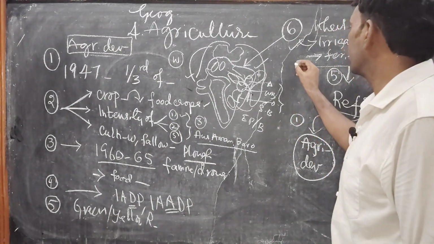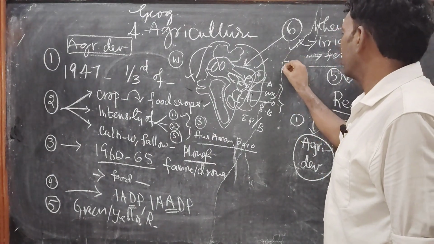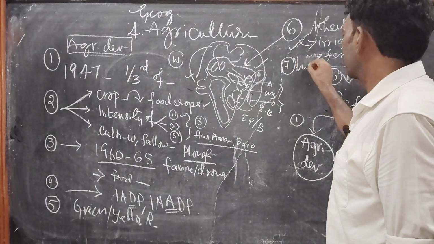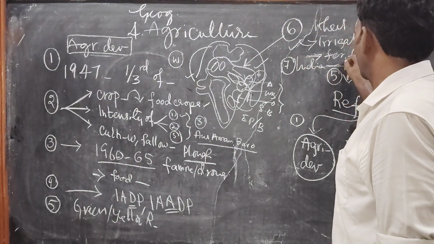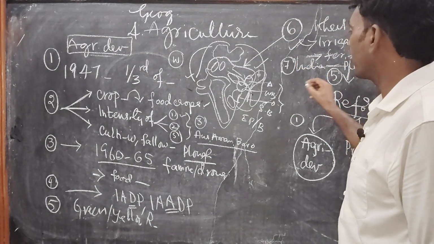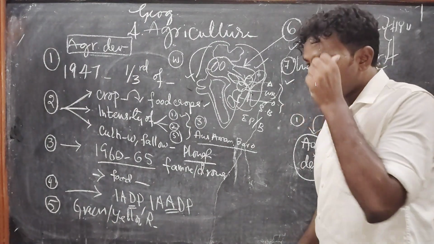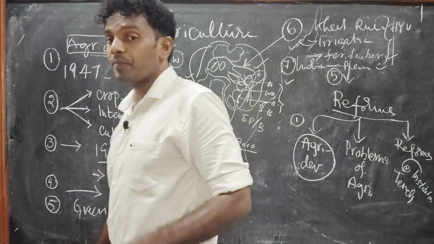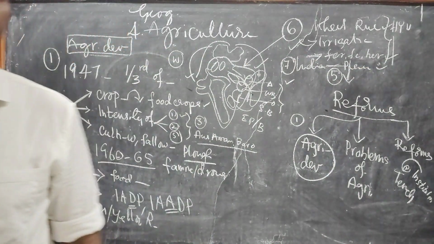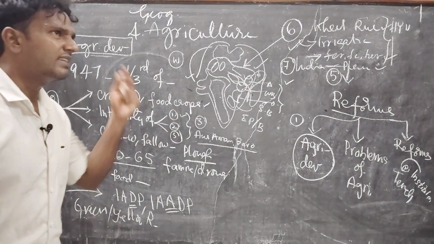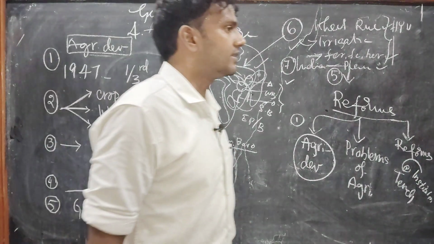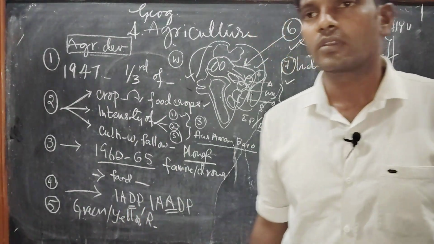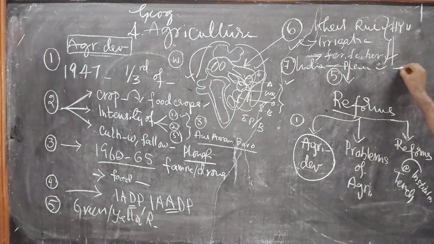So again, the Indian Planning Committee also focused on regional development in agriculture in 1980 and 1990. Okay, is it clear?